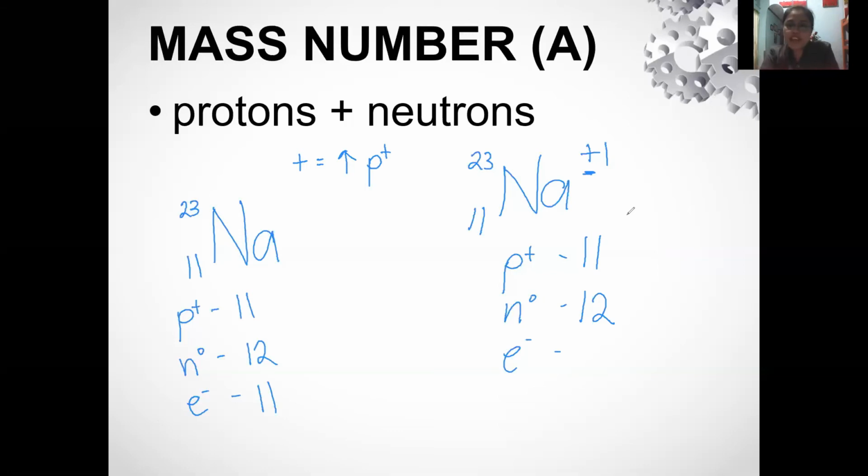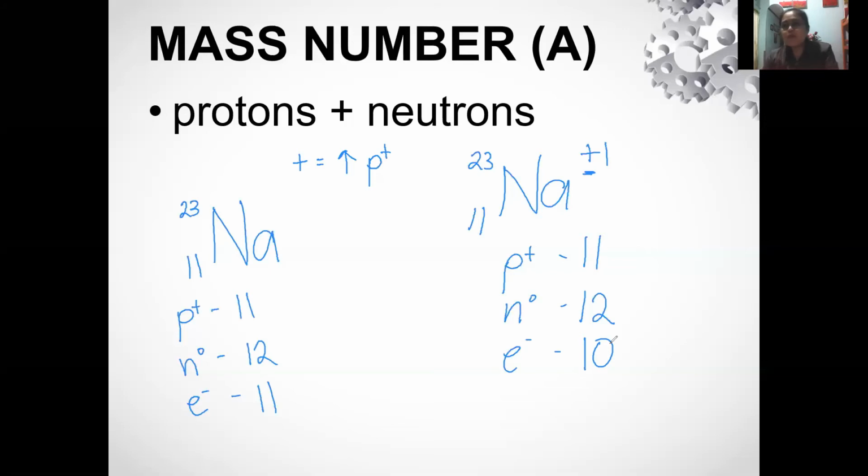Like for this, kay positive 1 yan siya, meaning mas marami ang protons ng isa. Therefore, si electron ngayon ay 10 lang. Again, pag ang charge ay positive, ang tandaan nyo, mas marami si proton.